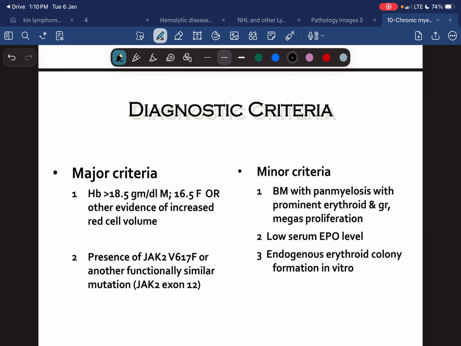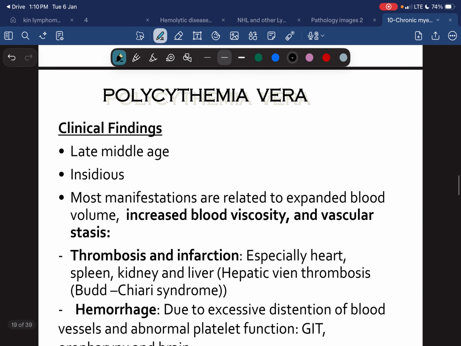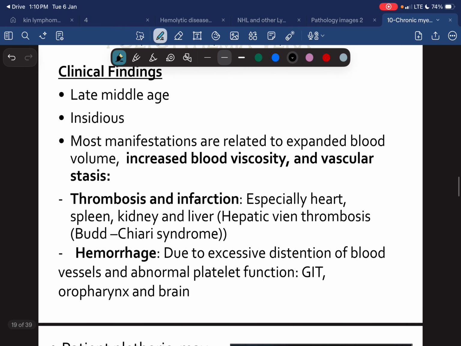As we said, the presentation is in an older age group. The main manifestations are related to increased blood viscosity and vascular stasis, slow flow of blood. Also we have thrombosis and infarction, so we may have heart infarction, infarction in the spleen, and thrombus formation, such as hepatic vein thrombosis, which will lead to hepatic congestion and hepatomegaly, followed by cirrhosis in a syndrome called Budd-Chiari syndrome.